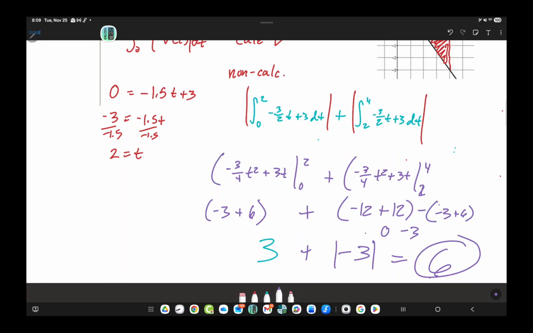If you don't have the choice to use a calculator, this is how you set it up. You will find where the graph crosses the x-axis, then separate your integrals out using that value, and then take the absolute value of each integral. Any questions?